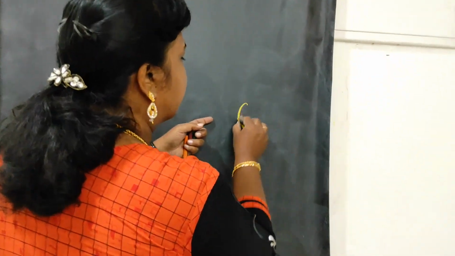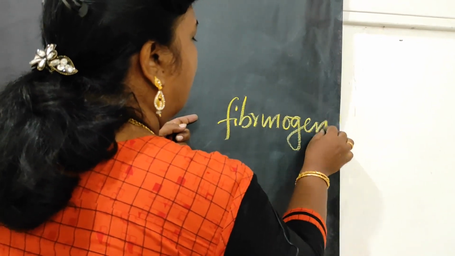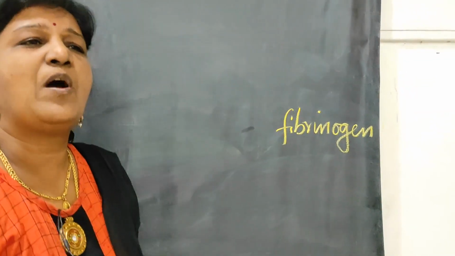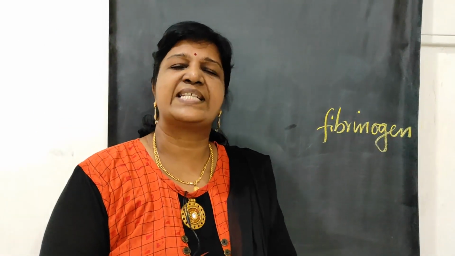It also stores iron, copper, vitamin A and D. Then it produces fibrinogen, a plasma protein responsible for clotting of blood. The liver also helps in the excretion of toxic substances.